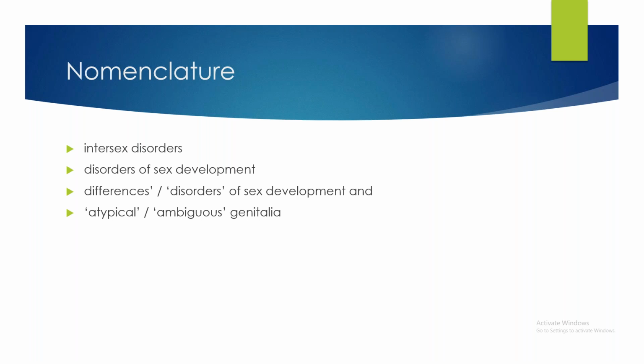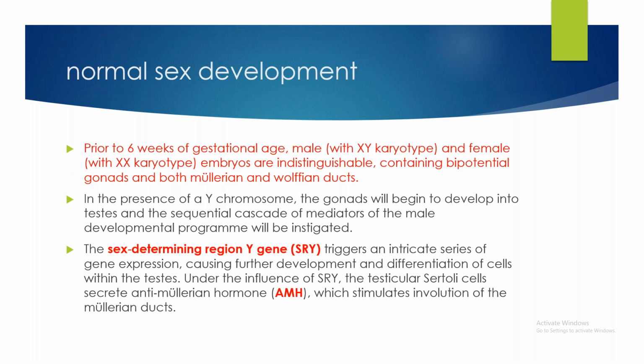So they have come up with the name differences or disorders of sex development. And now ambiguous genitalia is also called atypical genitalia, not ambiguous genitalia. So you should be aware of these two nomenclatures: differences or disorders of sex development, and atypical genitalia. These are the two terminologies which are used nowadays.